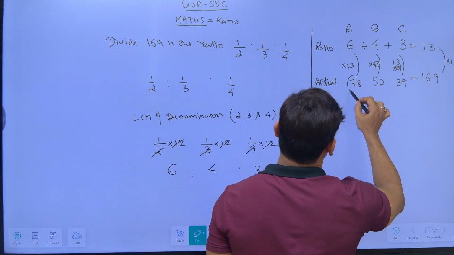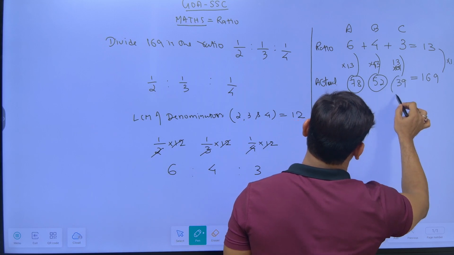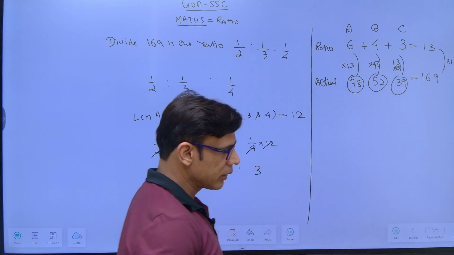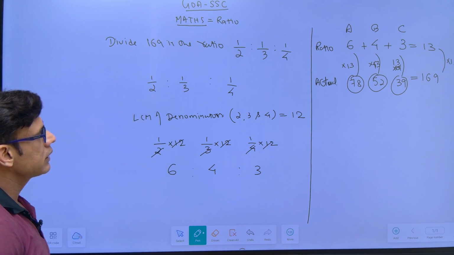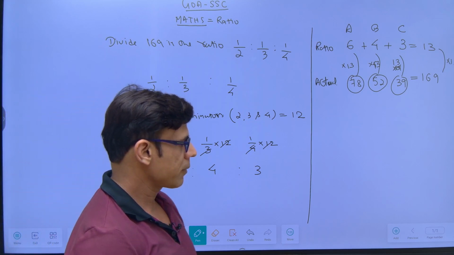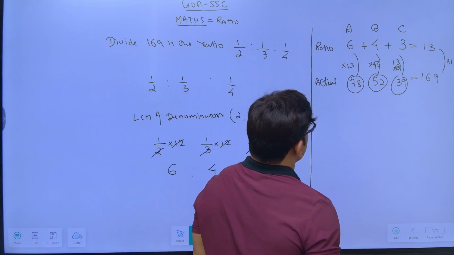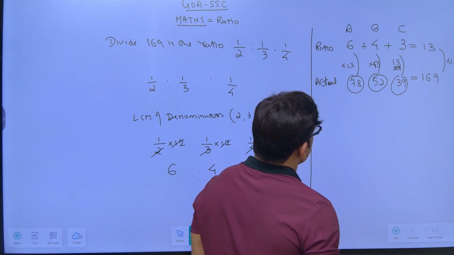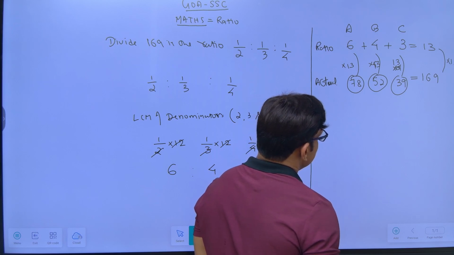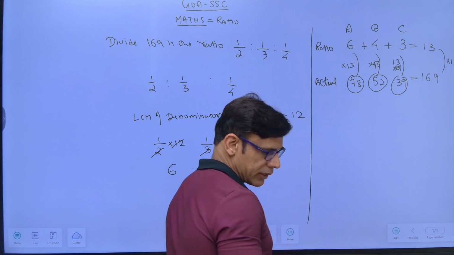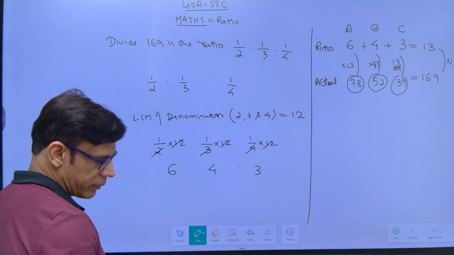That means first part is 78, second part is 52, third part is 39 and total is 169. You can add it. Sorry, this is 78. Correct, 78. Please note it down.